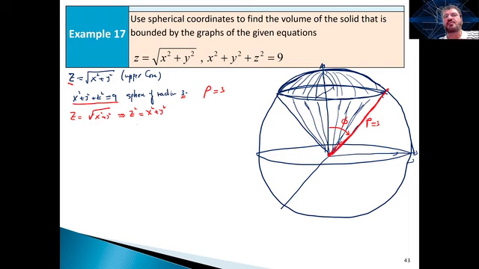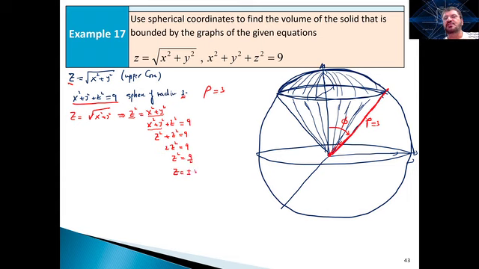In the sphere, we have x squared plus y squared plus z squared equal to 9, isn't it? But I know that x squared plus y squared is equal to z squared. So z squared plus z squared equal to 9. So 2z squared is equal to 9. So z squared is equal to 9 over 2. So what's z equal to?